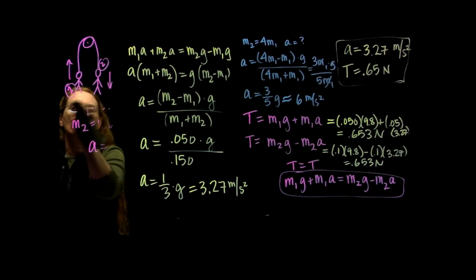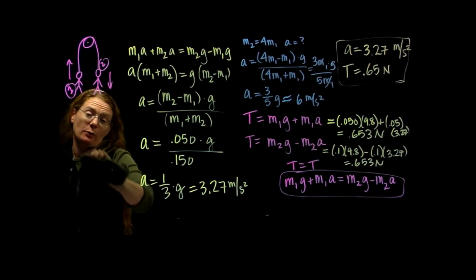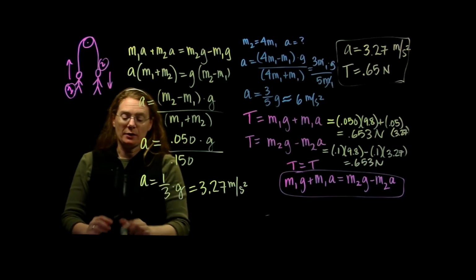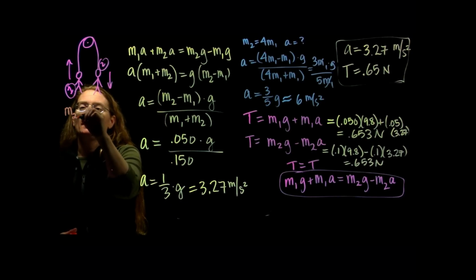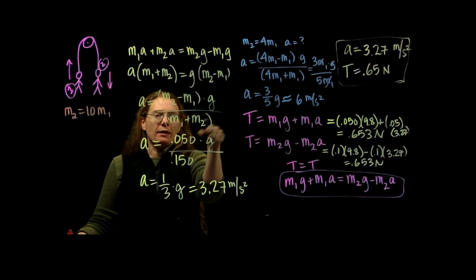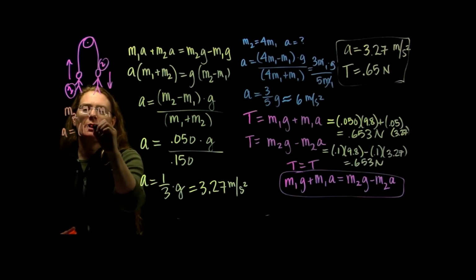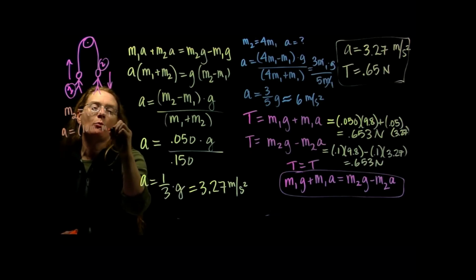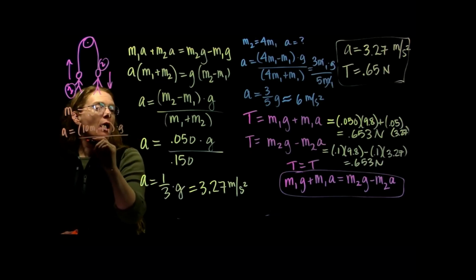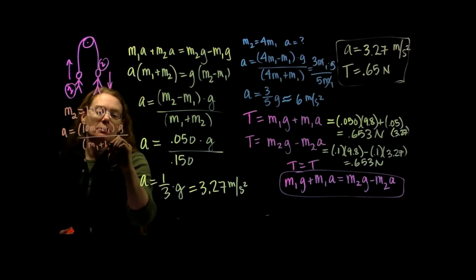So instead of 50 grams and 100 grams, now, I don't care what the masses are, I'm just going to say m2 is 10 times bigger than m1. Again, I'm just going to go back to this equation. So the acceleration is 10m1 minus m1 times g over m1 plus 10m1.